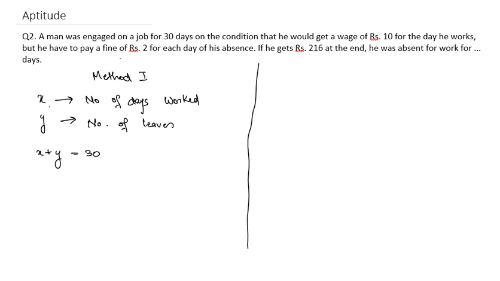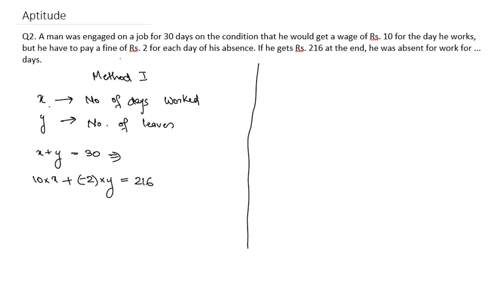Again equating his wage, he is getting 10 rupees per working day. So 10 into x plus, rupees 2 fine for his absence, so minus 2 into y, should be equal to 216 rupees.